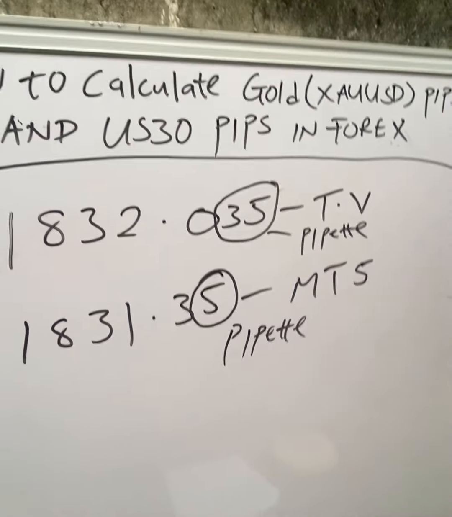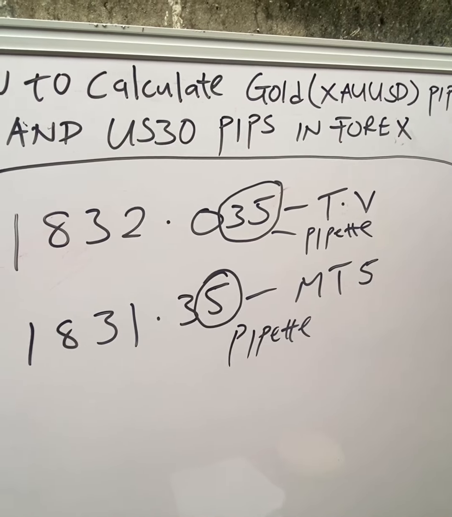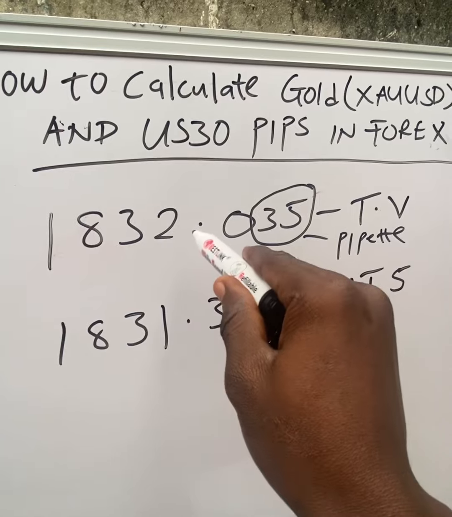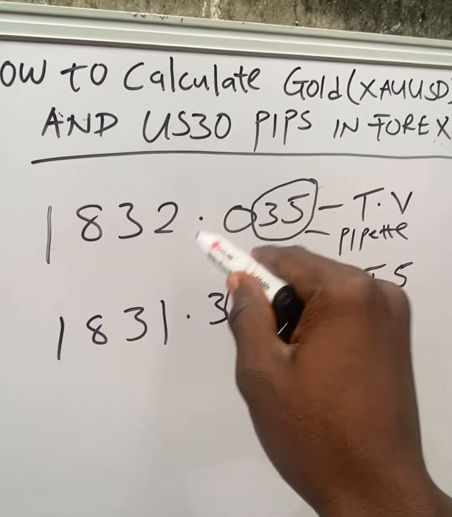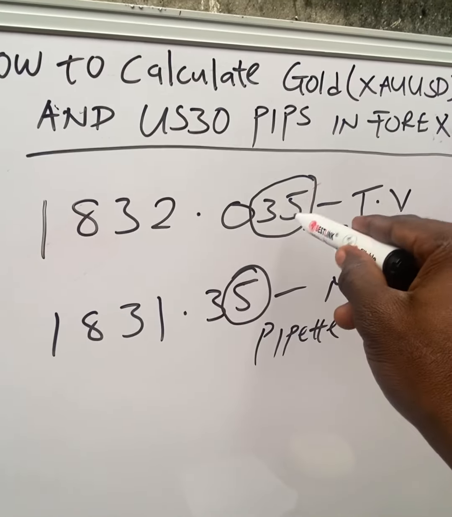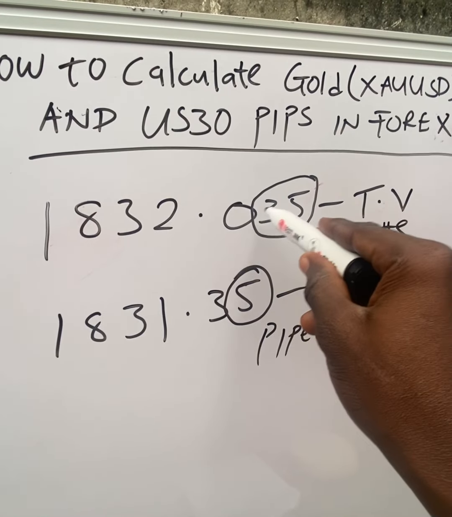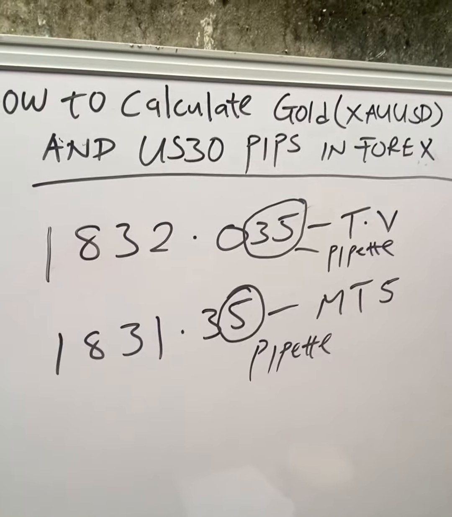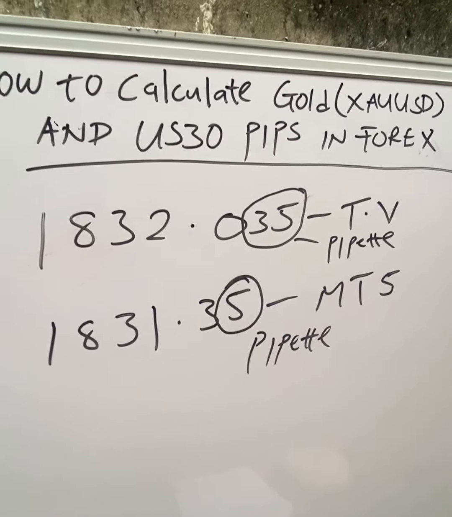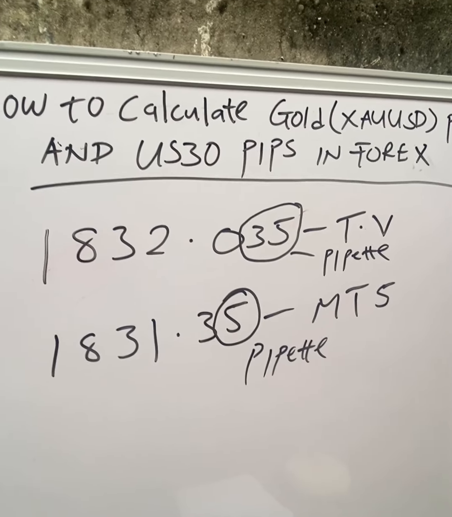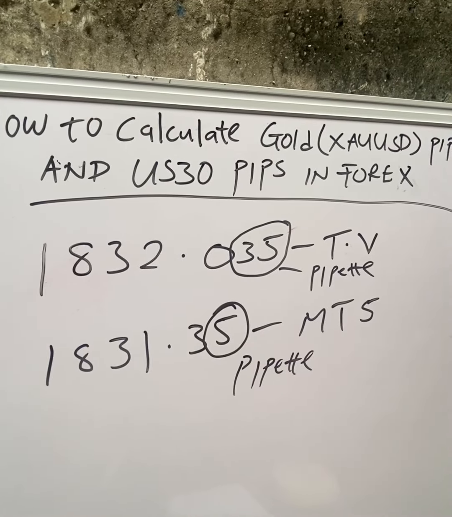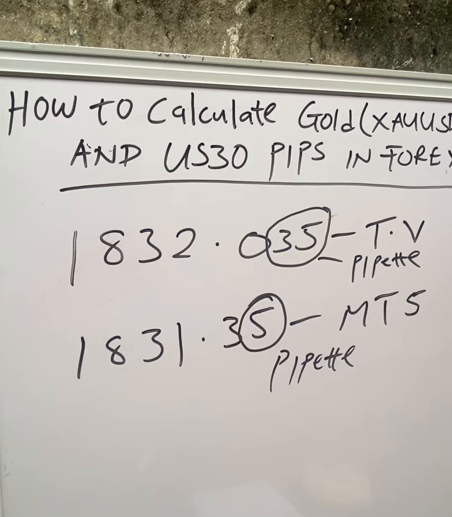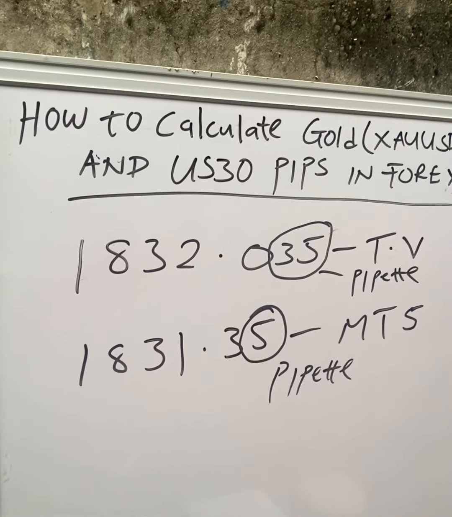But it doesn't really matter if you are analyzing with TradingView. Once you insert 1832.03, it won't allow you to insert the 5, so you can just stop at 0.3, because these two are pipettes. But for you to know, so you don't make mistakes while executing your trade, I'm stating these two different parameters: the TradingView gold price and the MT5 gold price.